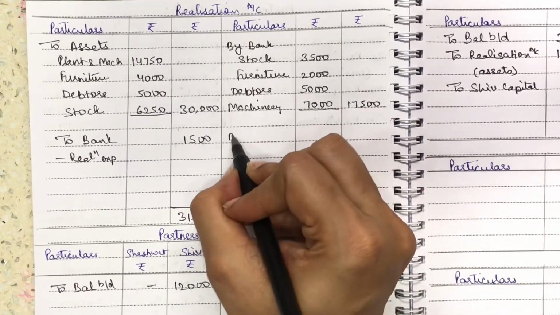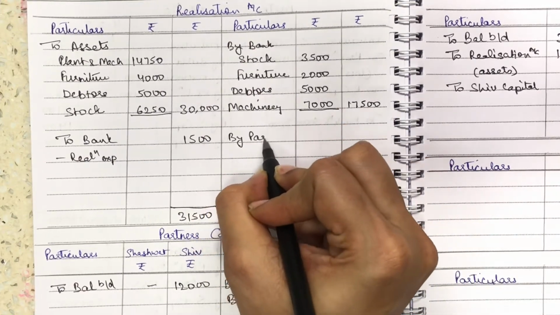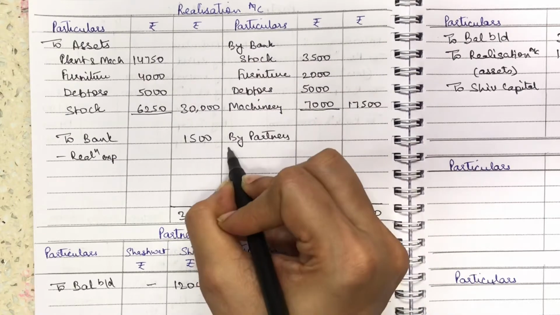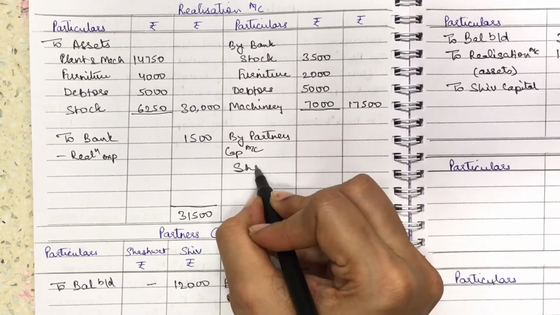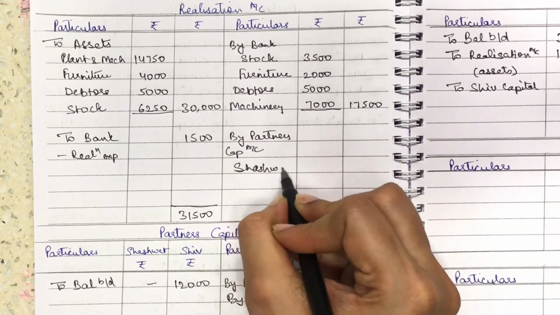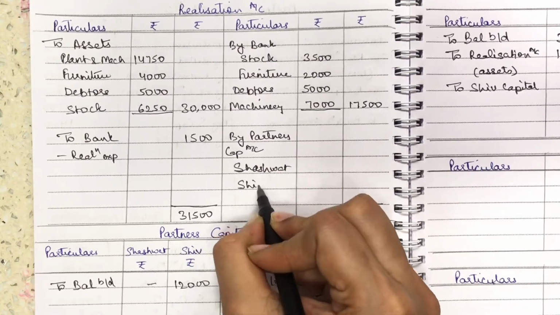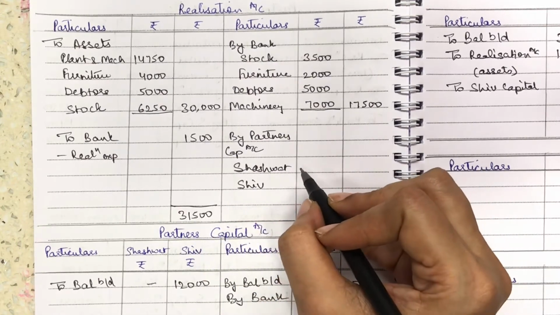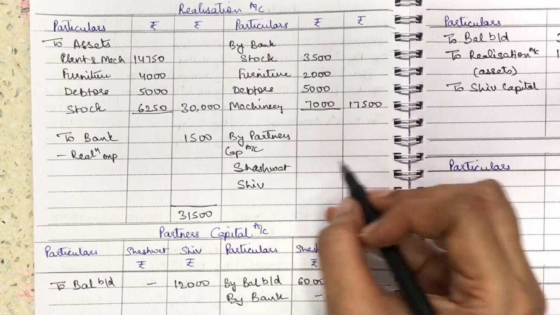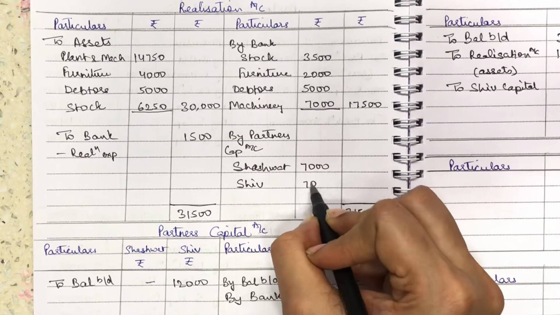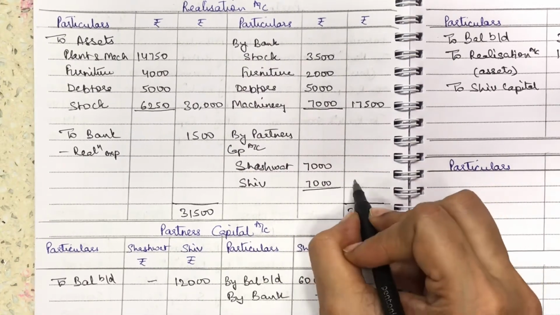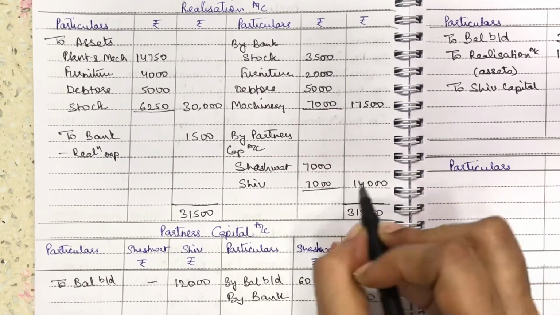So, write here by partners capital account Shashwat and Shiv. What is the profit sharing ratio? Equal partners. So, 7,000, 7,000 since the loss is 14,000.